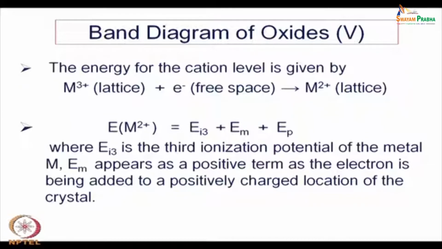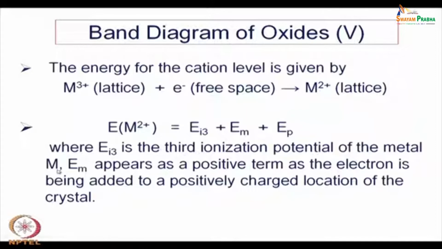When the electron is added to the system from the free space, from outside the lattice, it is changing over to 2 plus. So, the band ultimately will be designated as M2 plus. The band of the M2 plus is I3, the third ionization potential of the metal M.